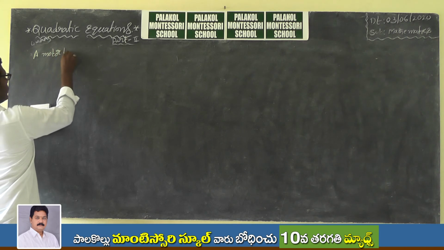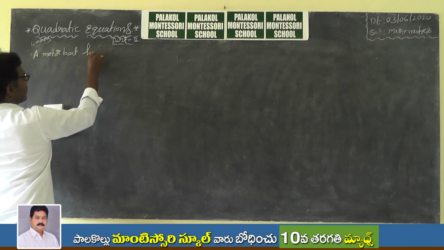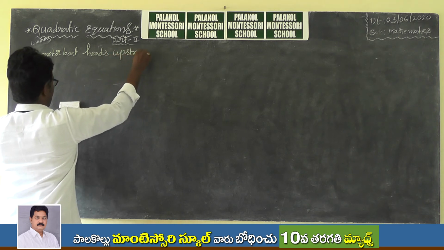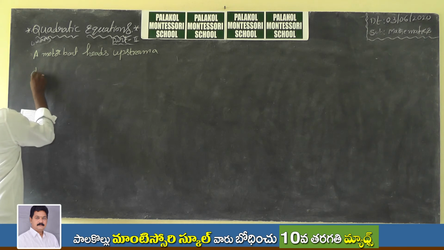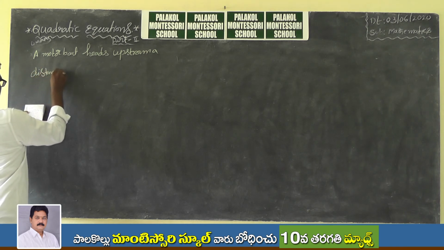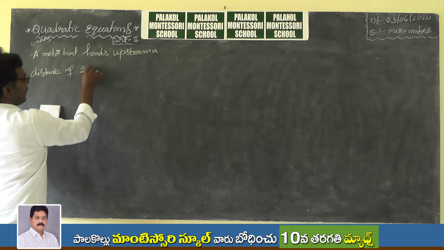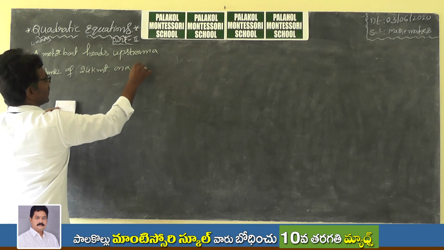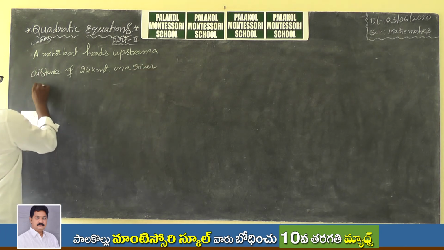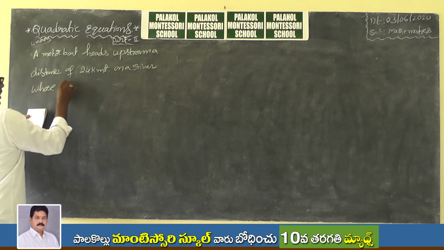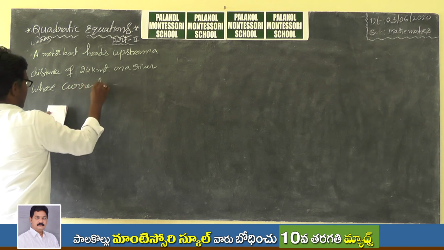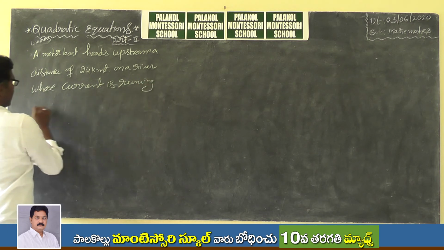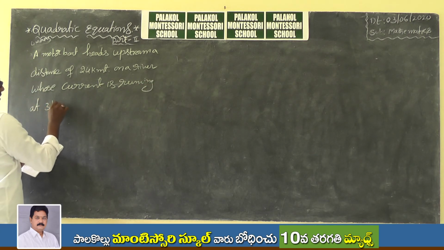Next one, a very important sum. A motor boat heads upstream a distance of 24 kilometers on a river whose current is running at 3 kilometers per hour.